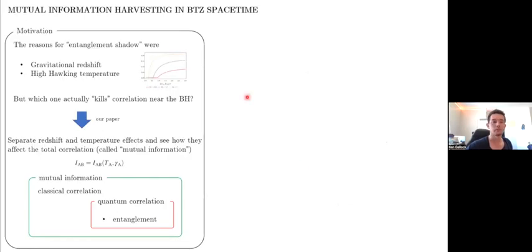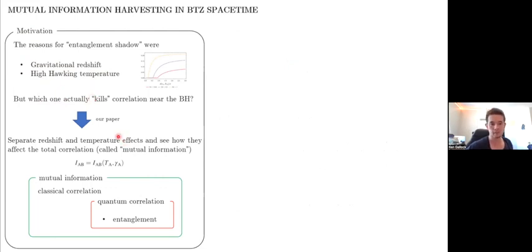So in our paper, our interest was which one, gravitational redshift or Hawking radiation, actually kills the correlation near the black hole.